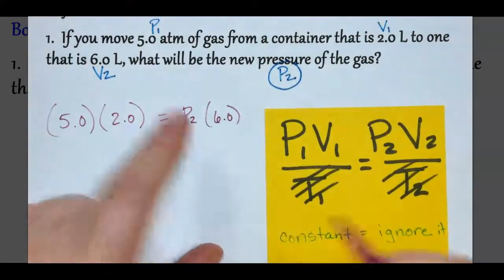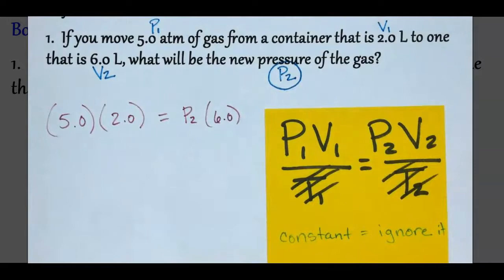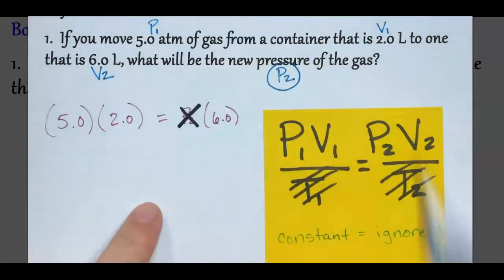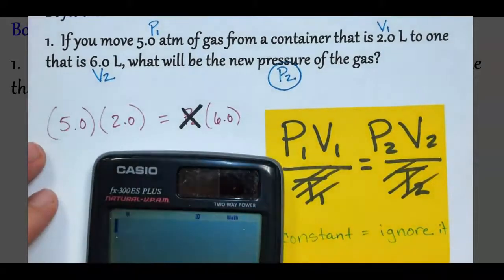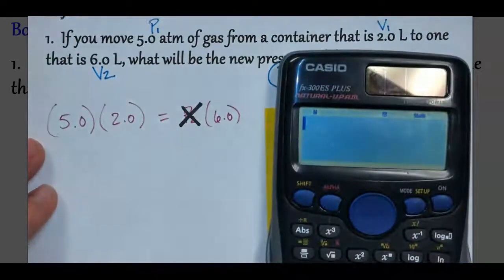Now, if you prefer, you can mark P2 as X if that makes it easier for you to solve the problem. So now we're going to leave it as it is. Algebraically, you're solving for X, but really, we're going to kind of do what we did when we cross-multiplied.